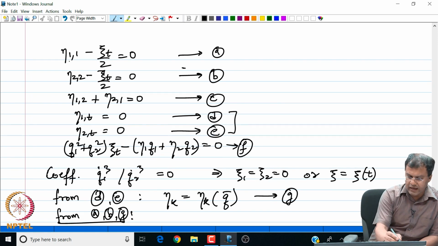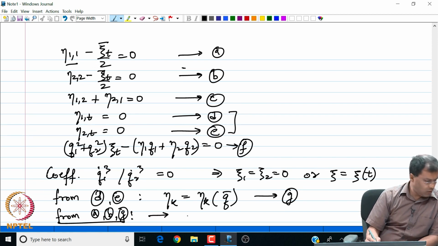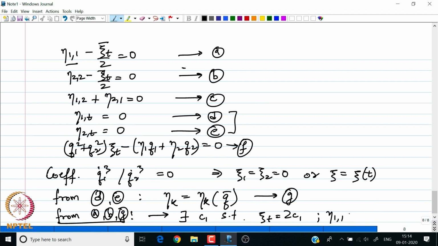Notice that eta 1 comma 1 is nothing but the derivative of eta 1 with respect to q1, and xi t will be purely a function of the independent variable t, and we are equating these two together, which means that both of them must be constant. So, we conclude that there exists a constant C1 such that xi t is equal to 2 C1 and eta 1 comma 1 is equal to eta 2 comma 2 is equal to C1.